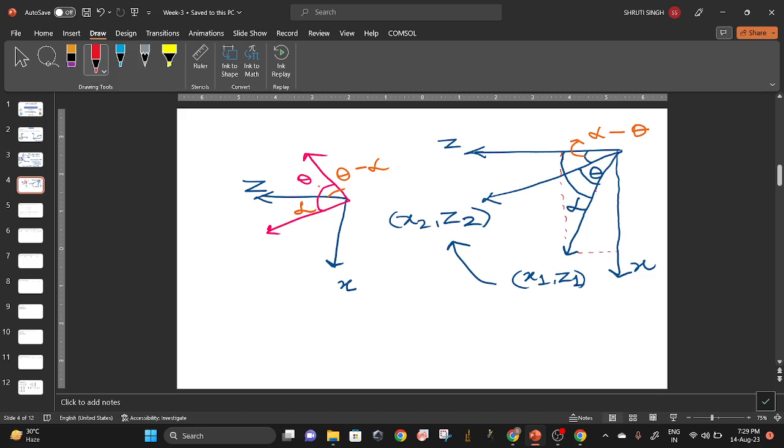So x1 will be L cos of 90 minus alpha, so it will be L sin alpha, and z1 will be L cos alpha.